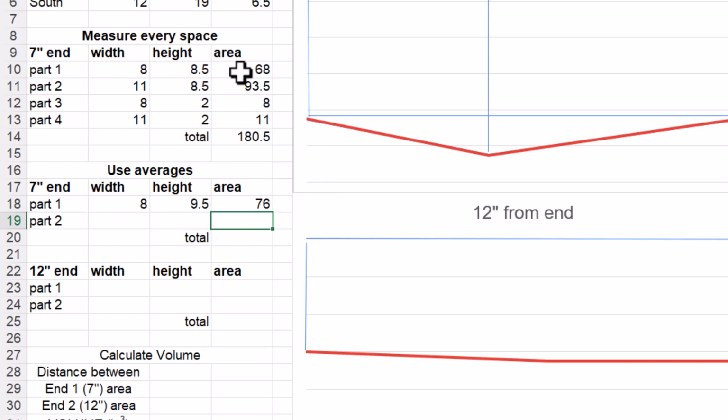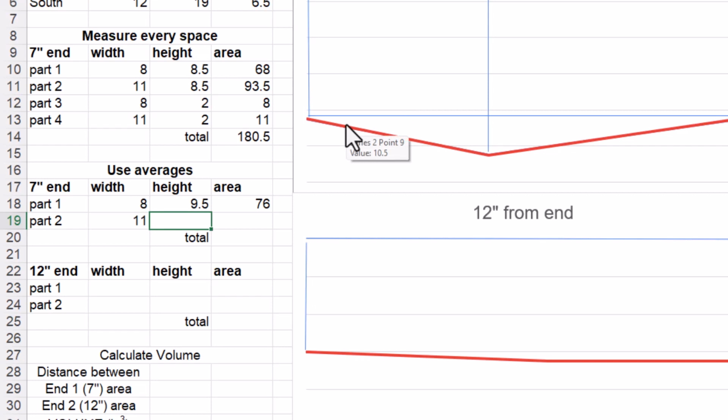Now, we can see here our part 1 was this big rectangle, 68 inches, and our part 3 was this little triangle of 8 inches. If we add 68 and 8, we get 76. So we are seeing that this is exactly the same way of calculating the value, just with fewer calculations. So we'll do the same thing for part 2. Our width is 11.